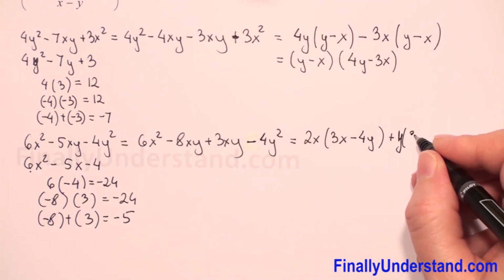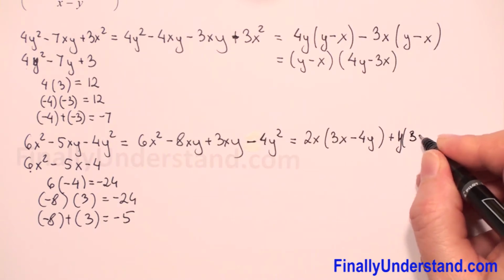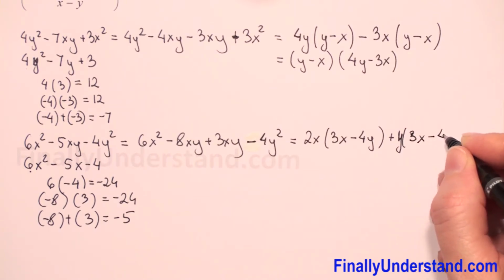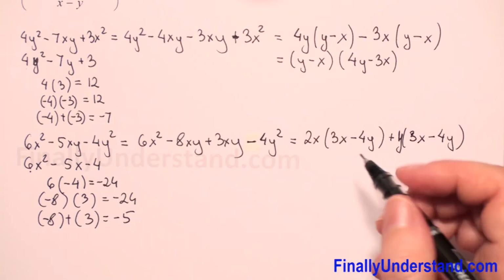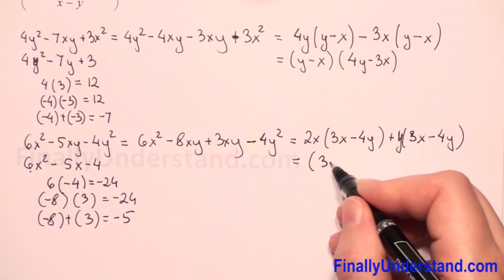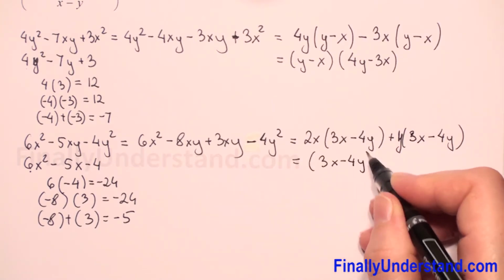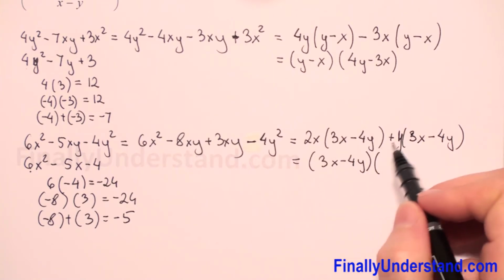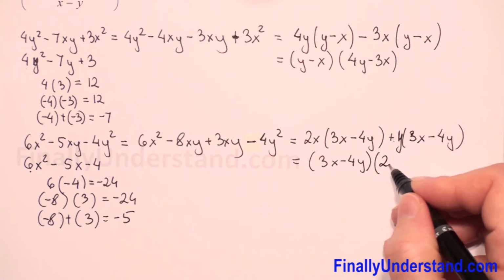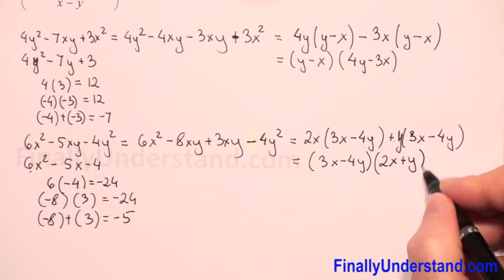So in parentheses I will have 3x minus 4y. So now we can factorize 3x minus 4y, and whatever is left will be in the second parenthesis. So this is 2x plus y.